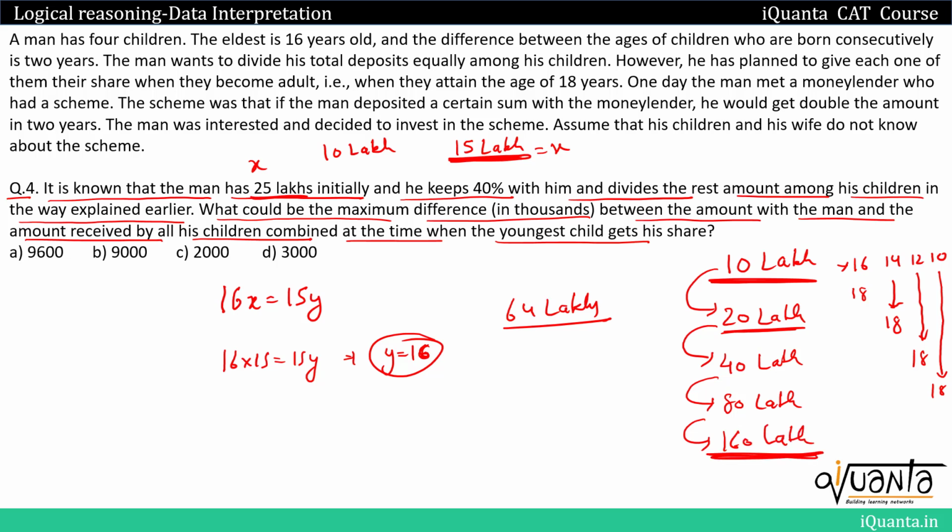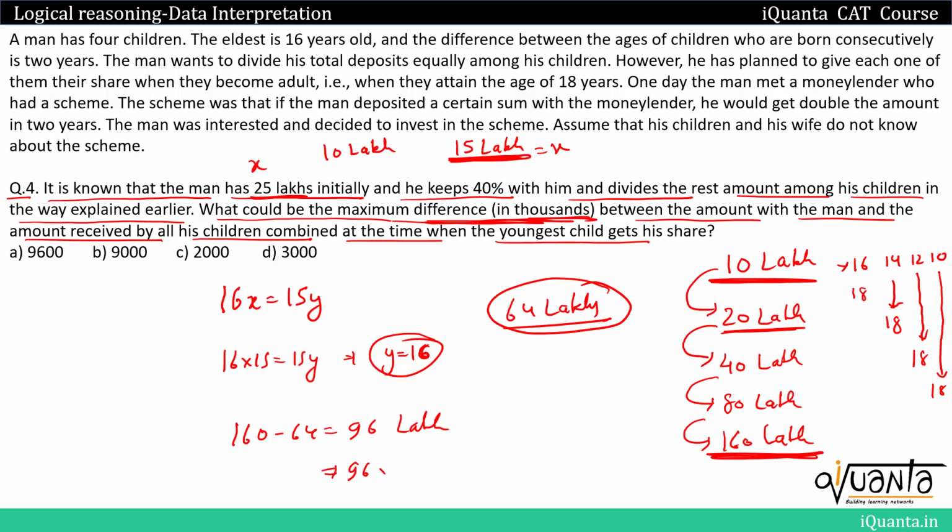So the man has 160 lakh at last, and all his children have 64 lakh at last. We need to find the difference between the amount with the man and the amount received by all his children when the youngest child gets his share. So the difference will be 160 minus 64, which gives 96 lakhs. But we want the answer in thousands.